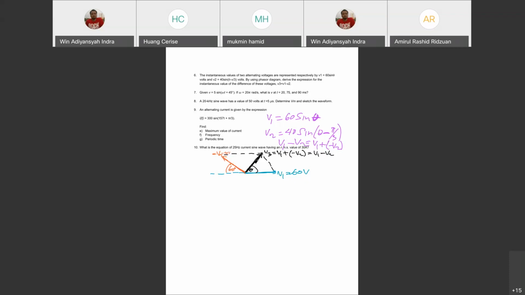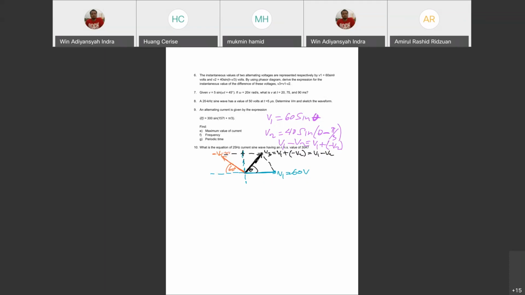If the y-axis is this one, we have to project both V1 and minus V2 onto the x-axis and y-axis.